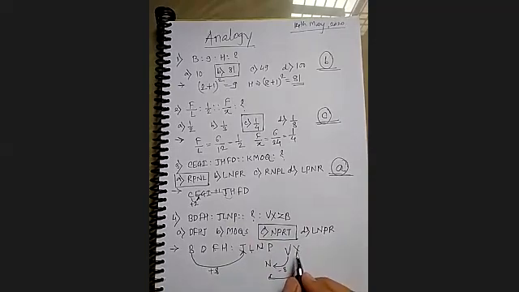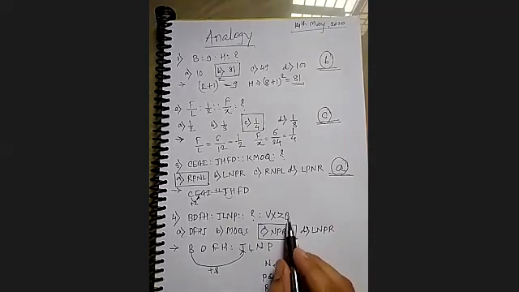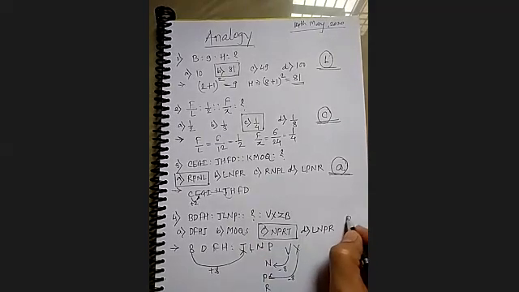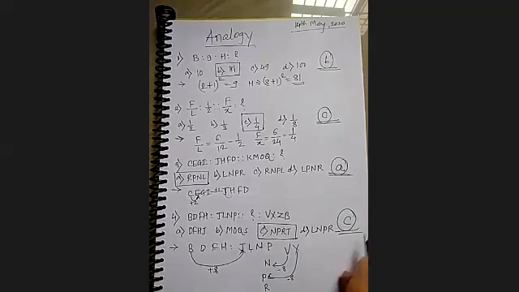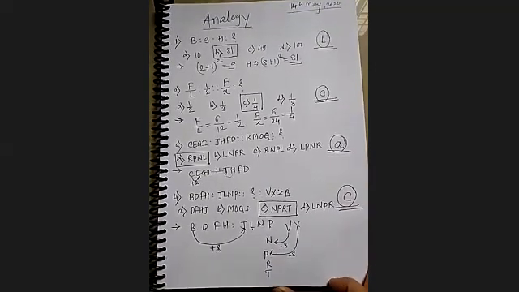X minus 8 will be P. Then Z minus 8 will be R and B minus 8 will be T, and therefore NPRT is your answer. That is option C. Fine. So I guess everyone has gone through the correct option. Those who wanted to take a screenshot, they can.